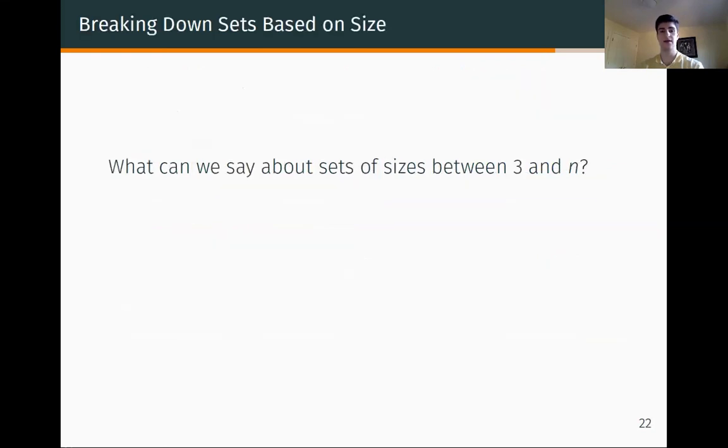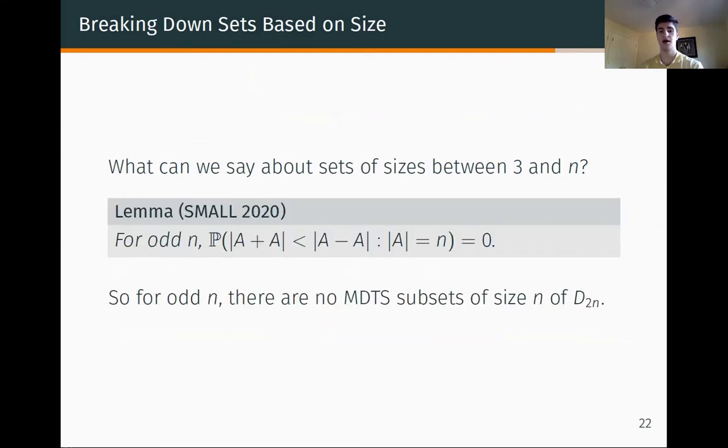So now we need to look at sets of sizes between 3 and n. Another result that we have is for odd n, the probability of a set being MDTS given that the size of A is n is 0. And so, in other words, there are no MDTS subsets of size n of D2n for odd n.